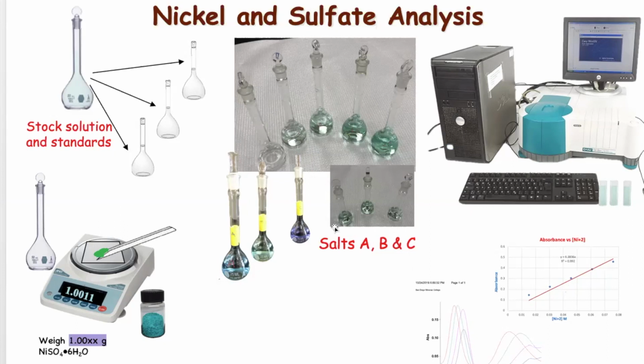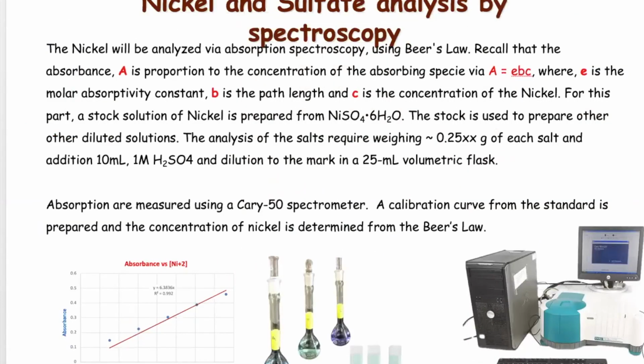What you will do next is you will take one of your salts, prepare a solution, and then measure the absorbance. Measure the absorbance, and the absorbance should fall between these points.